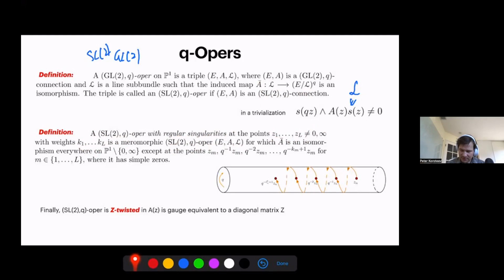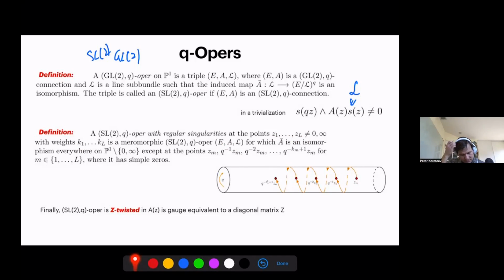We allow it to fail at all those z's, z1 through zL, and also at z's multiplied by q to some power. So if the index of point z1 is k1, we can have it fail at z1, qz1, q squared z1, and so on. For every point, there's a tower of points. You can think of it as a cylinder, so there's a C-star action around the cylinder, where the right-hand side is actually equal to 0.